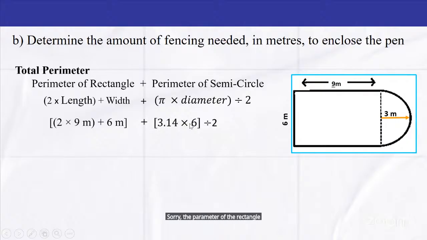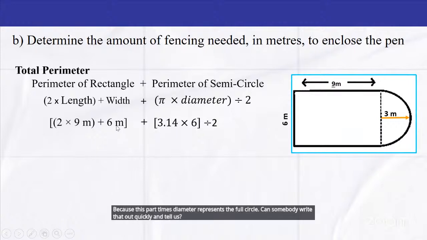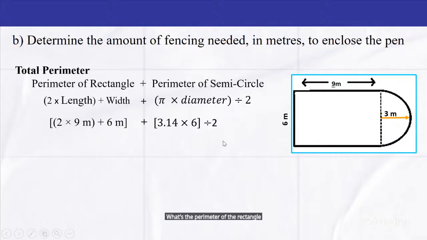And for the semicircle, we are using pi times the diameter. The diameter is 6. And then we're going to divide our answer by 2, because pi times diameter represents the full circle. Can somebody work that out quickly and tell us what's the perimeter of the semicircle?